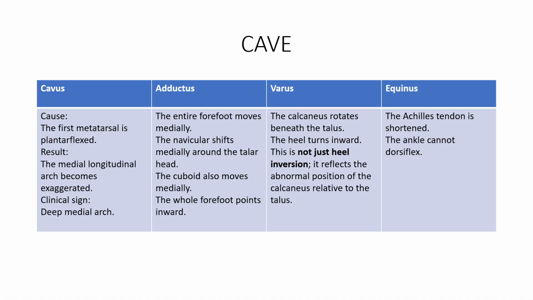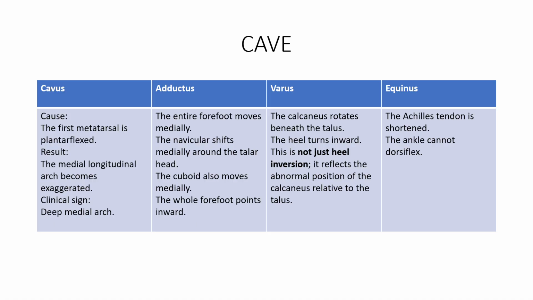What is cavus? Cavus is the first metatarsal plantar flexed, and due to this, the medial longitudinal arch becomes exaggerated and there is a deep medial arch. What is adductus? The entire forefoot moves medially. The navicular shifts medially around the talar head. The cuboid also moves medially, and the whole forefoot points inward.